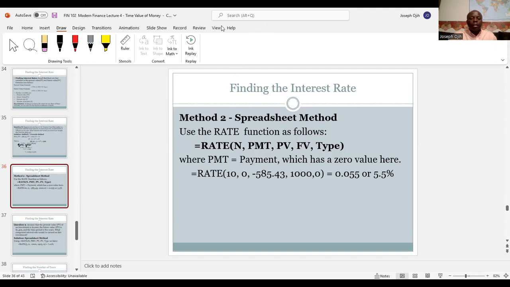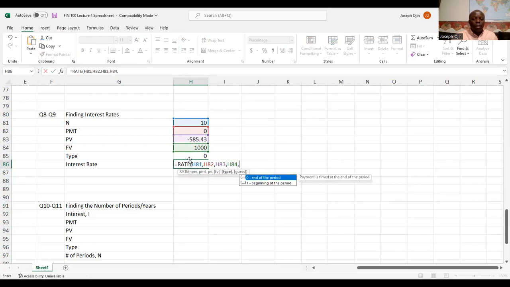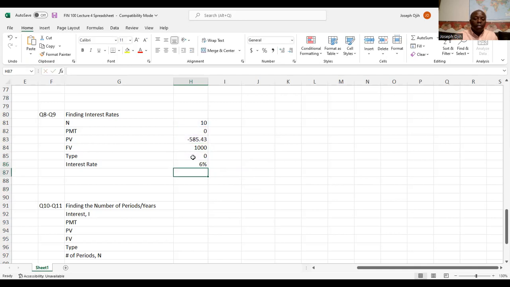Doing that, we'll have it in this form: equals rate, opening parenthesis, the number of periods, which is 10 years, comma, payment, comma, present value, comma, future value, comma, then the type, which is 0 for end of period. Then close the parenthesis, then press the enter key.